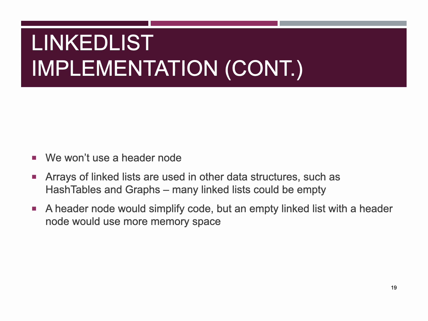Specifically, it uses more memory, which is especially unnecessary for an empty linked list. And it's important to note that in our approach, we won't be using a header node. So, although a header node can offer coding simplicity, it isn't always the most memory efficient approach. For our implementation, we'll avoid it to save space, particularly when the linked list could be empty.